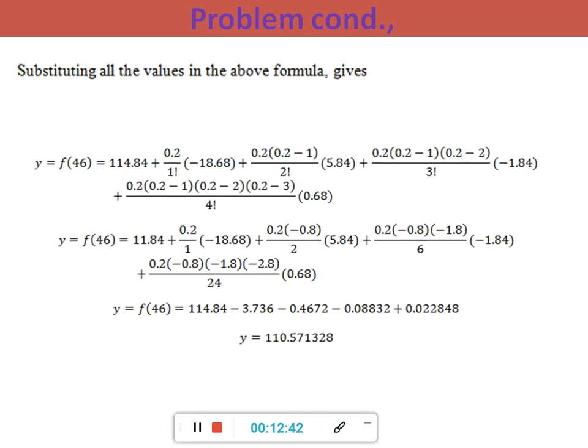Substituting all the values in the above formula gives y equal to 114.84 plus 0.2 by 1 factorial into minus 18.68 plus 0.2 into 0.2 minus 1 by 2 factorial into 5.84. So here see the values, 114.84 is y naught.